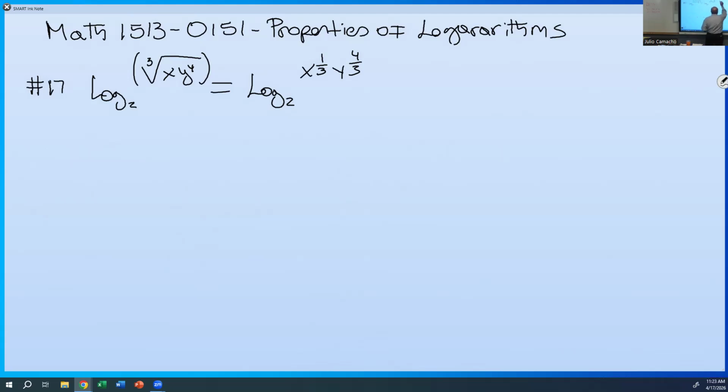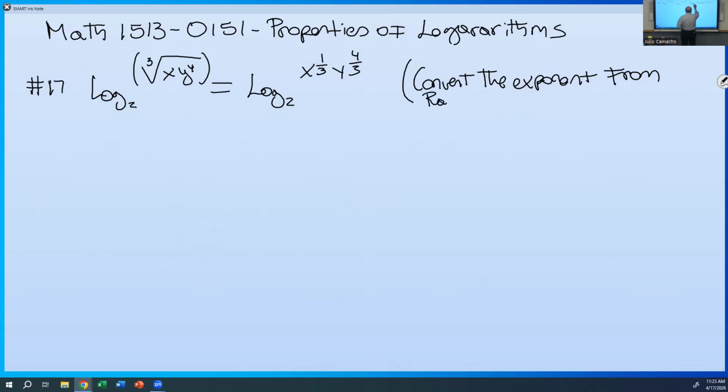The first thing we did is we convert the argument from radical to exponential form.